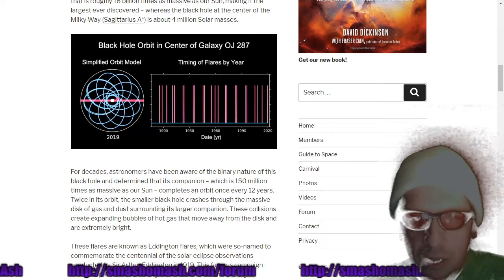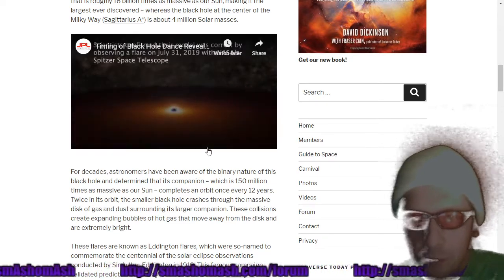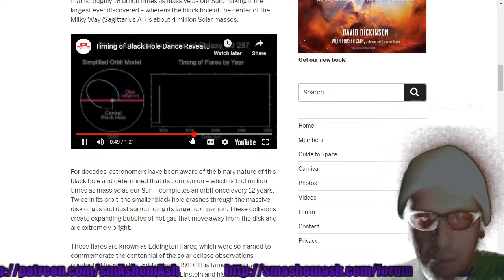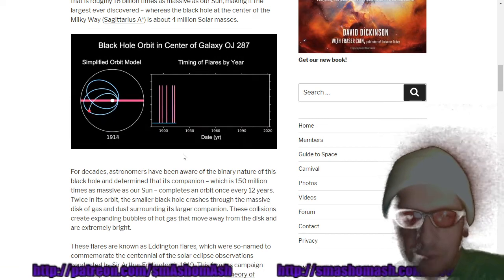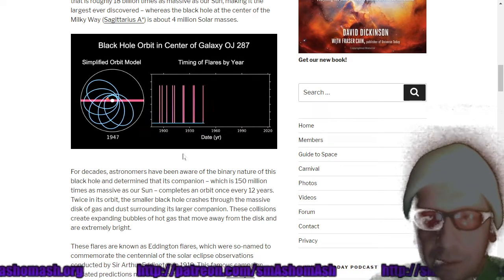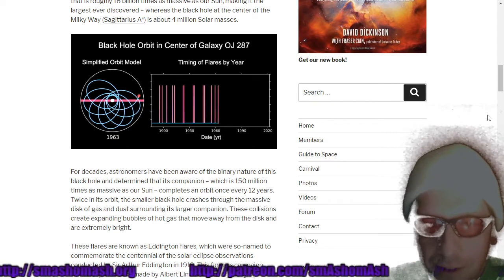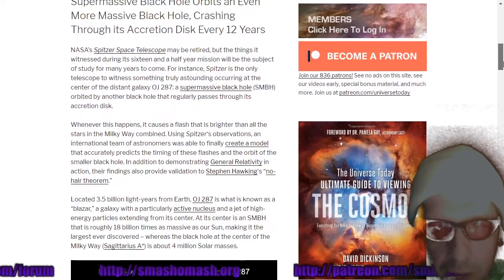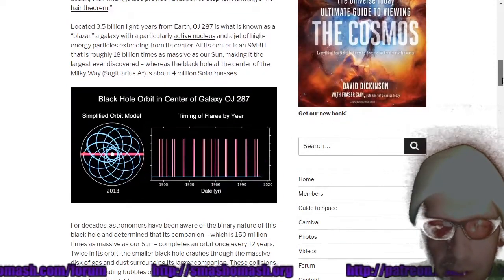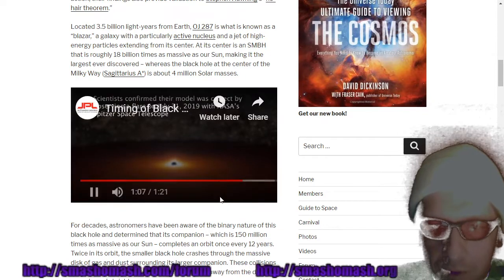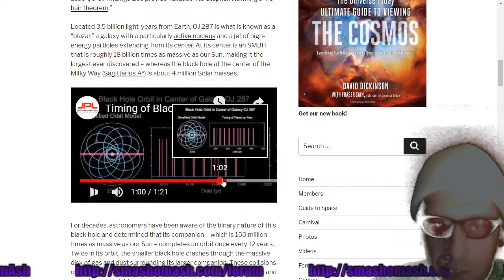But there you can see it's extremely perturbed orbit of that object as it passes through the accretion disk of basically the galaxy OJ287. And I don't know too much about OJ287 other than that it is a distant galaxy, and it's basically acting like a plasma etch-a-sketch out there.